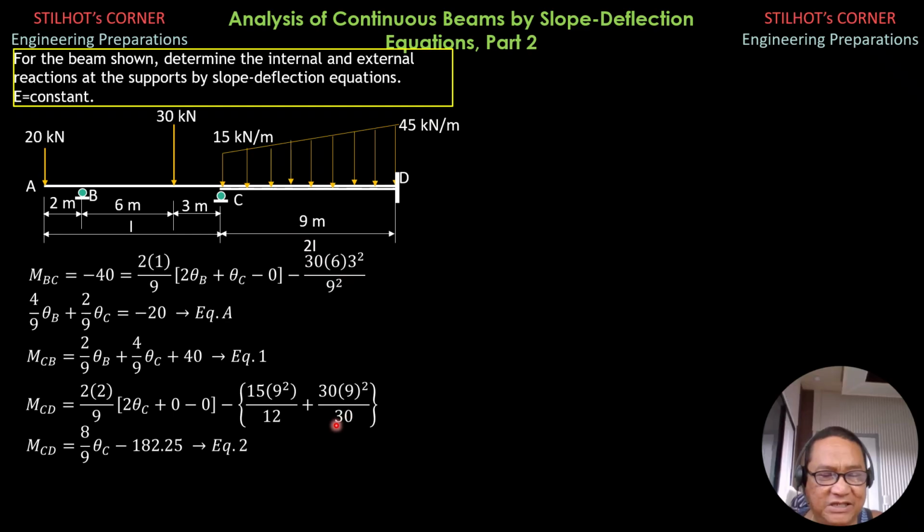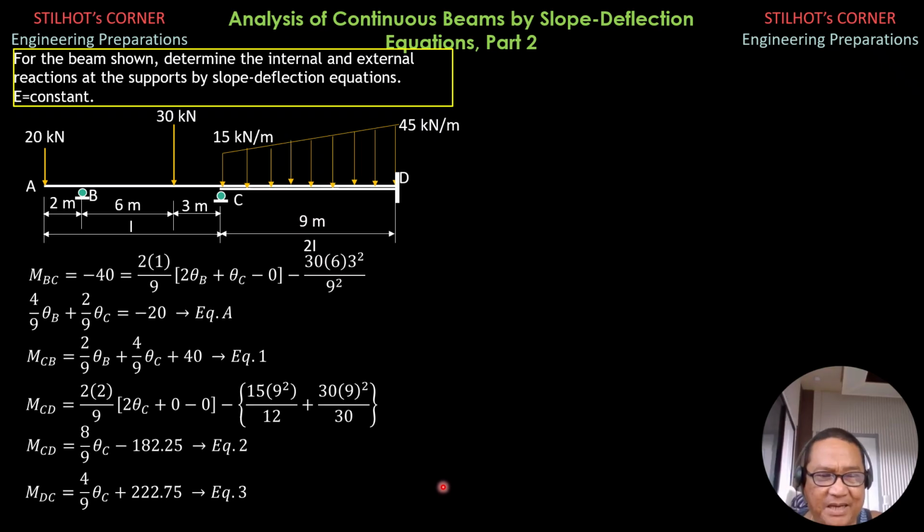Take note, this is just 20. So MDC is 4 over 9 theta C plus 222.75, where 222.75 is 15 times 9 square over 12, then plus 30 times 9 square over 20. So that's equation 3.